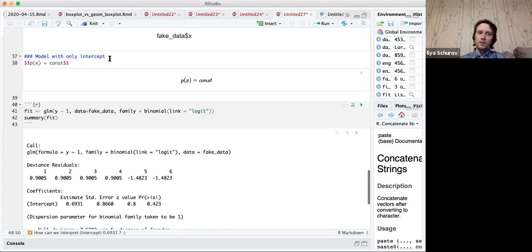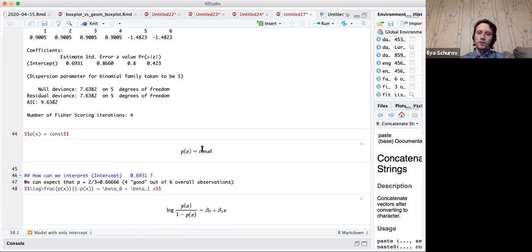I said that this model corresponds to this relation, so how do we reinterpret this relation in terms of this formula? If I want p of x to be constant, what should be changed here? If I want p of x to avoid dependency on x.